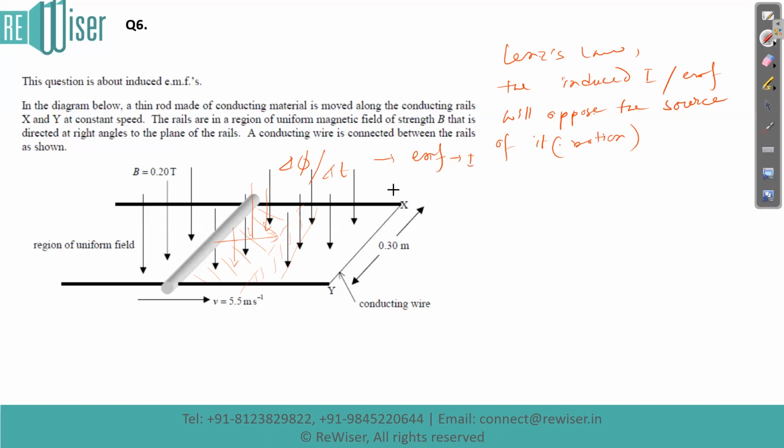Now this current will oppose the change of flux. How? By opposing the motion. Why is there change of flux? Because of the motion, right? So it will oppose the motion. So velocity is in this direction. Hence, a force will be applied in this direction. Fm will be applied in this direction so that it can oppose it.